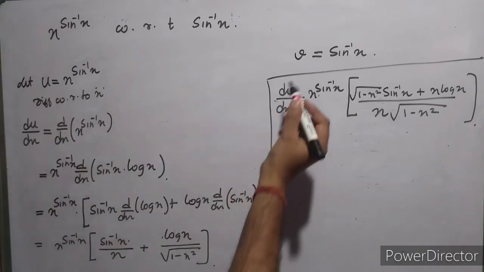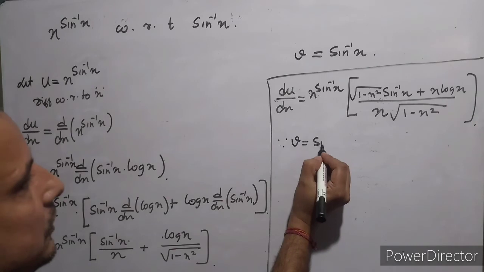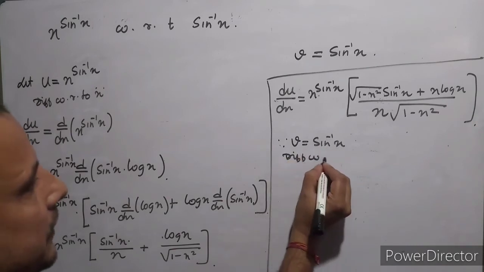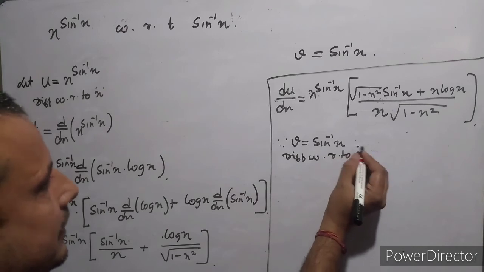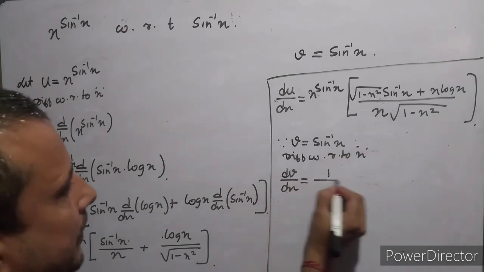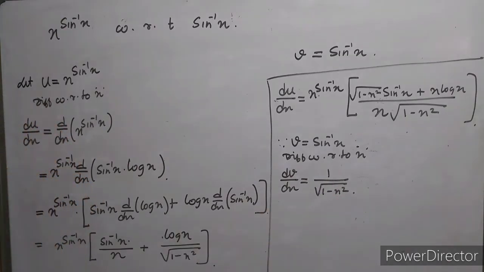Now again you have to differentiate this quantity also. Since we have v is equal to sin inverse x, again I'll differentiate this with respect to x. dv upon dx is equal to the derivative of sin inverse x, 1 by under root 1 minus x square. Now first copy this, so you can take a screenshot of this.